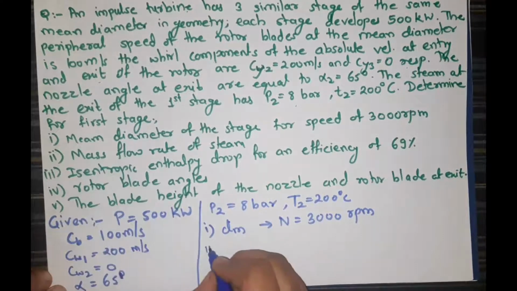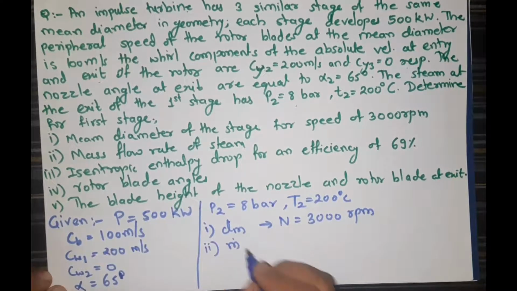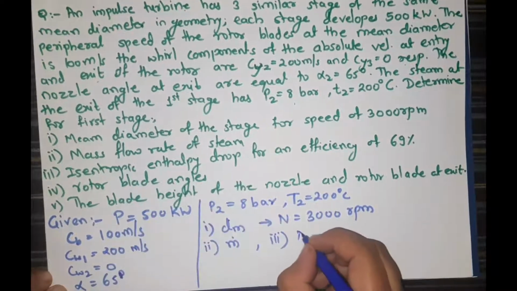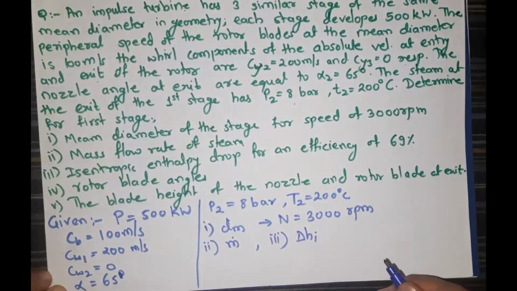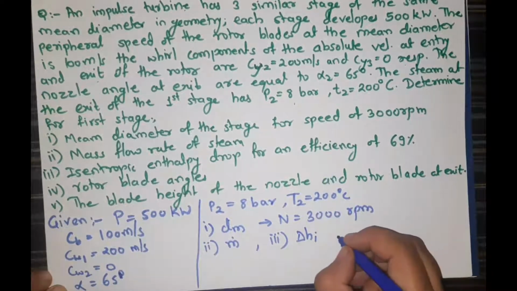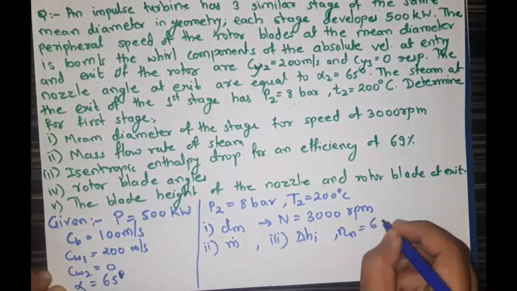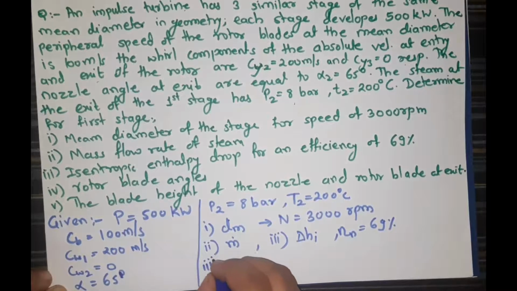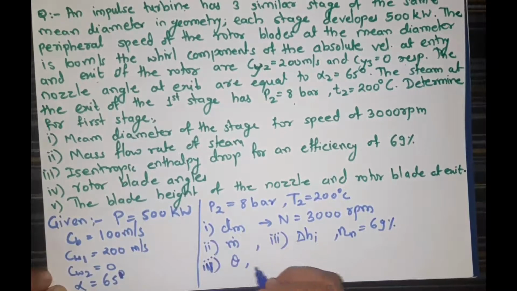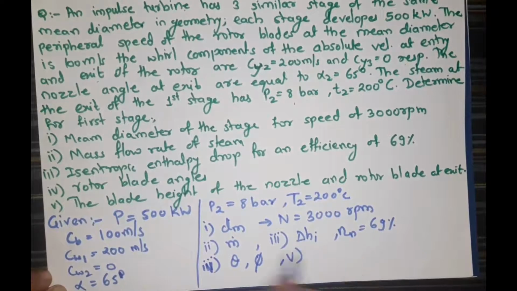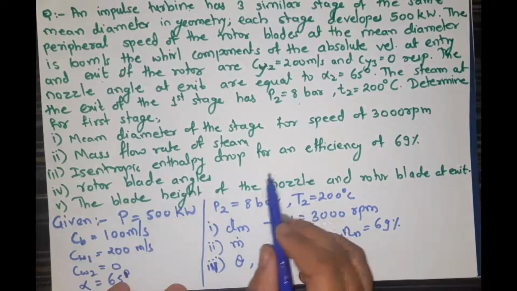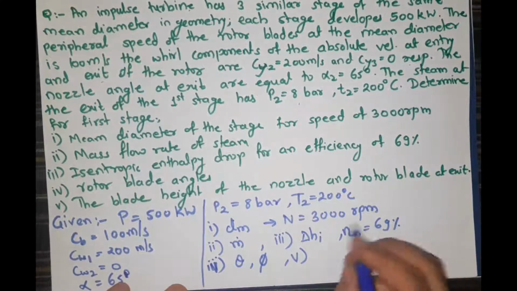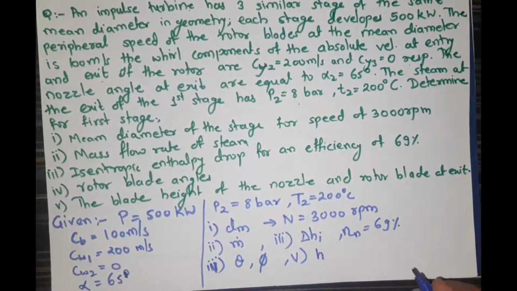Then the mass flow rate of the steam, m dot. Next is the isentropic enthalpy drop, delta H, when the nozzle efficiency is given as 69%. Then the rotor blade angles, theta and phi. And the last one is the blade height of the nozzle, meaning the blade height for the fixed blade and the rotor blade at the exit, that means H we are supposed to find.